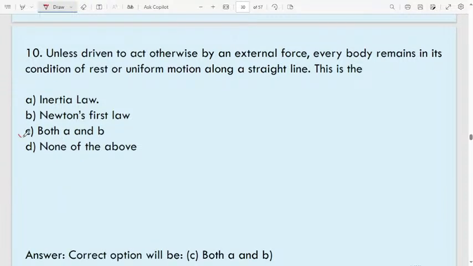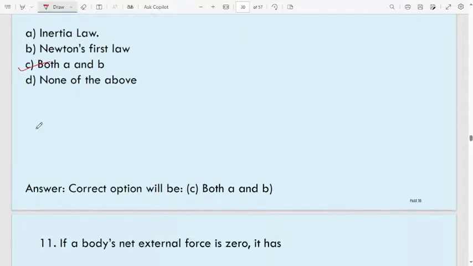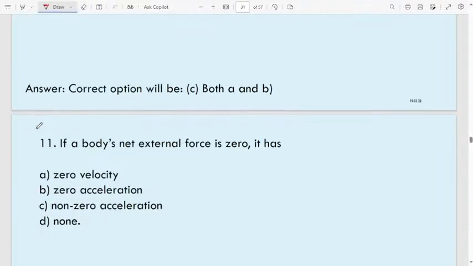Both A and B. Newton's first law, inertia law, everything is the same. If a body is moving continuously or if it is at rest, then that object has to be in the same position, otherwise it will be in the same motion. Let us move to the next question.